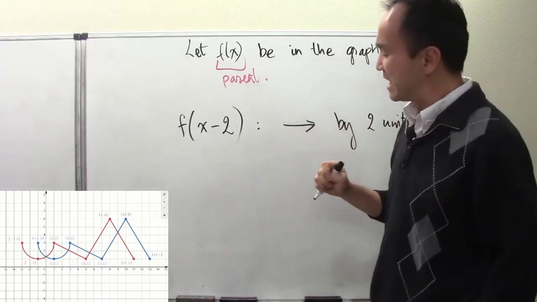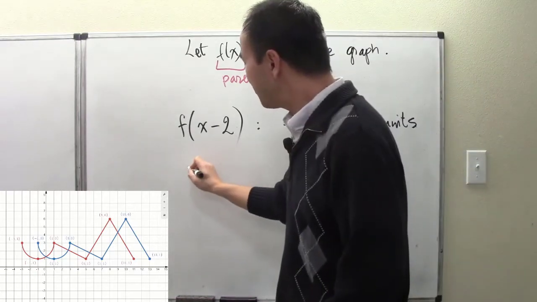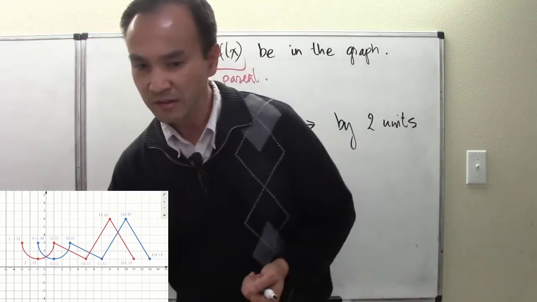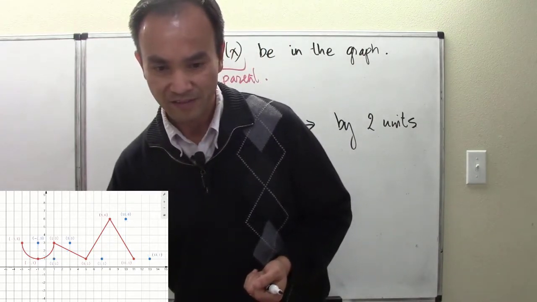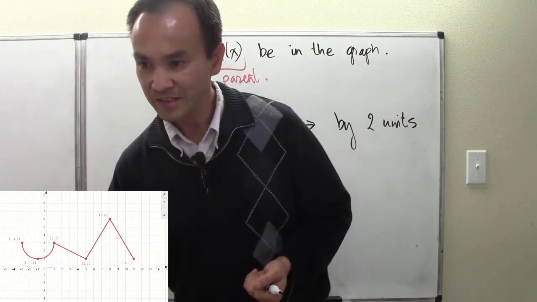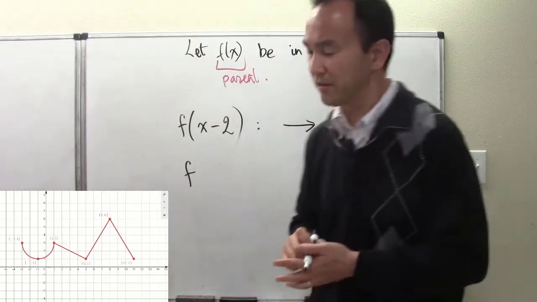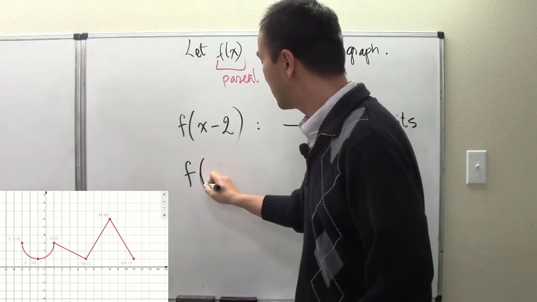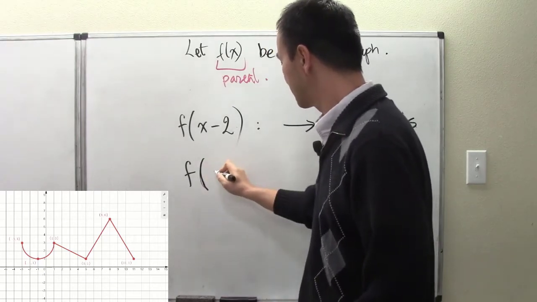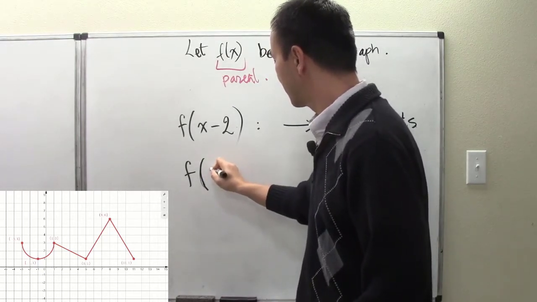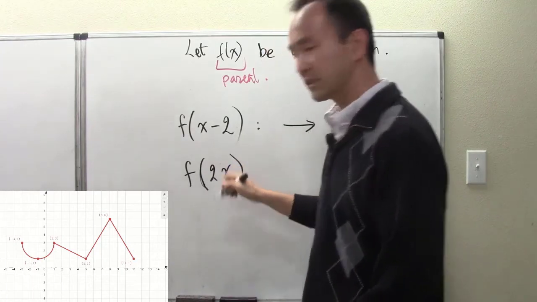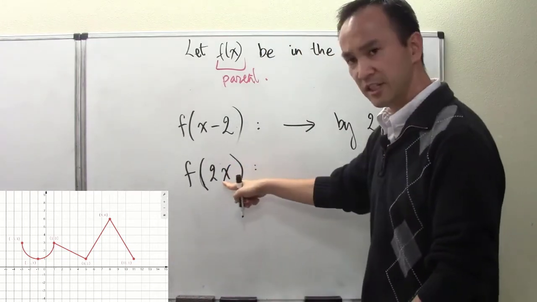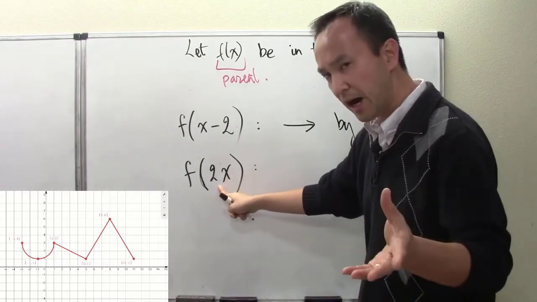Okay, and then if we are doing this, now I'm going to put the graph away. Just stay only with the original parent function. So if we're doing, for example, a 2x right here, then yes, this means the value here is positive.